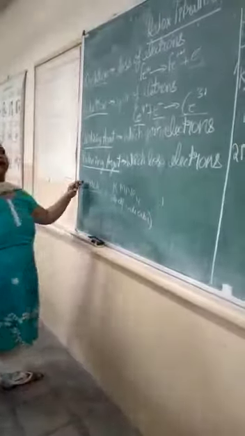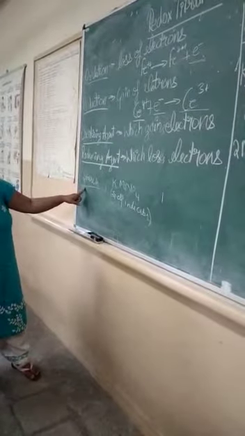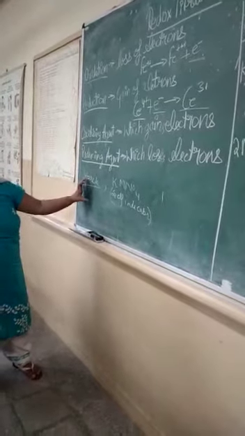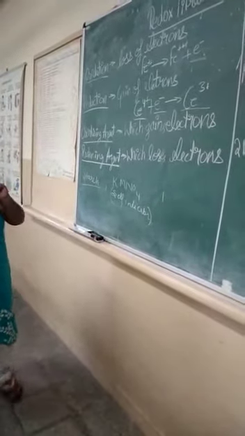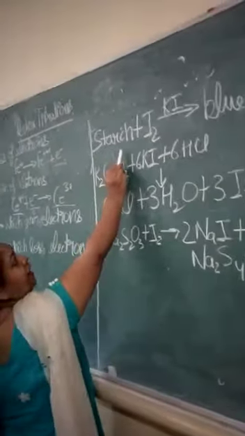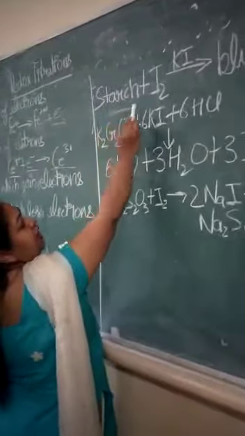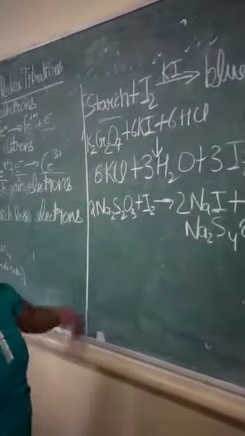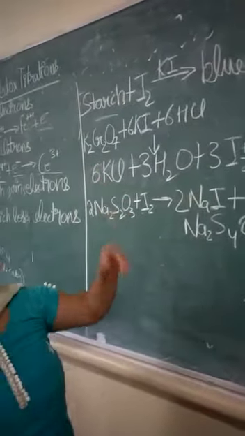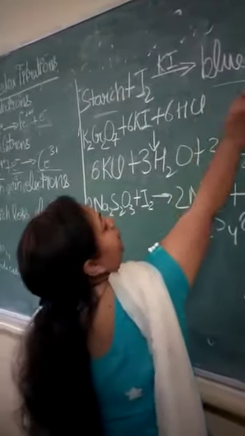So today we are doing the standardization of sodium thiosulfate, in which we are using starch as indicator. What happens when we use starch as indicator? The starch reacts with iodine in the presence of potassium iodide to give a blue colored complex.